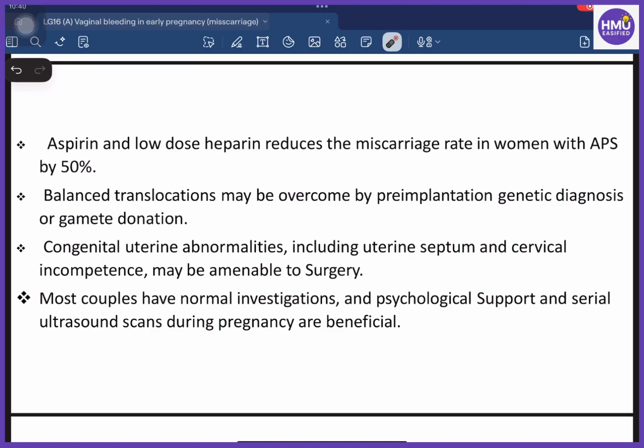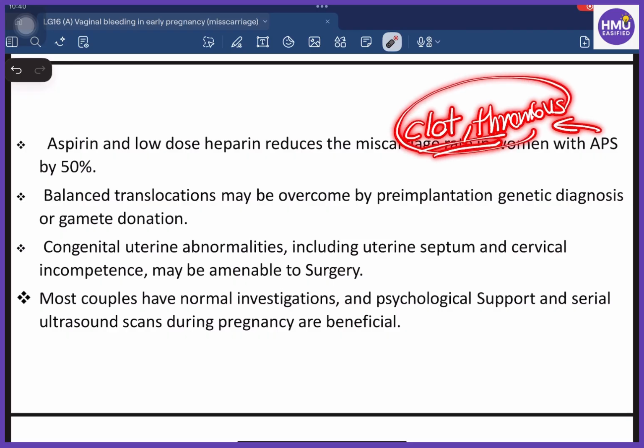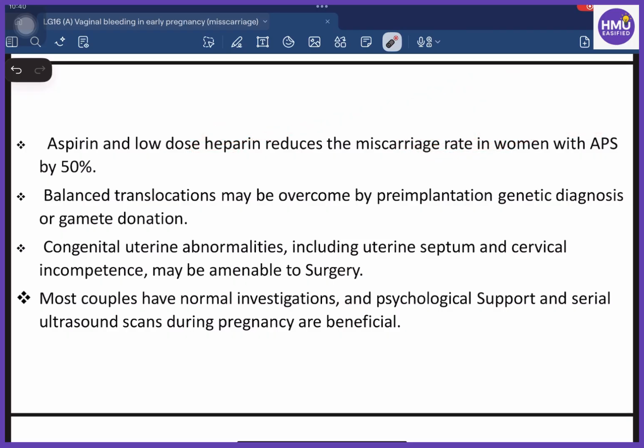Management: aspirin and low dose of heparin for reduction of miscarriage in antiphospholipid syndrome, because with antiphospholipid there will be clot and thrombus formation. So we avoid that by giving heparin and aspirin. Balanced translocation may be overcome by pre-implantation genetic diagnosis or gamete donation, meaning the sperm and egg are received from a donor, or by IVF.